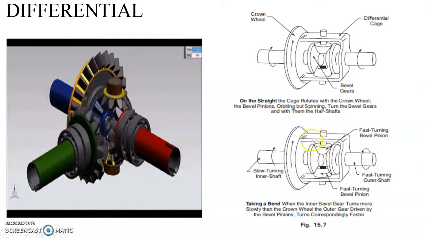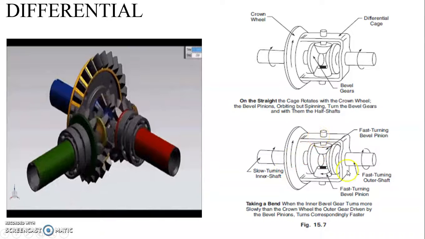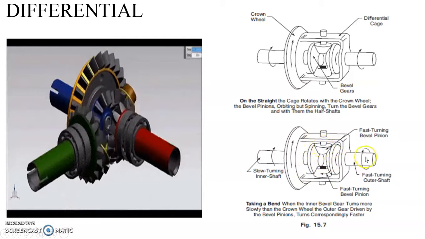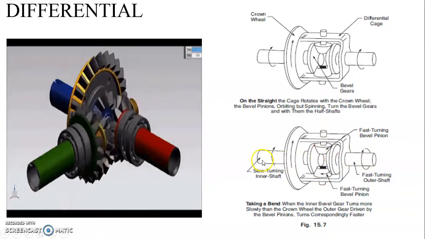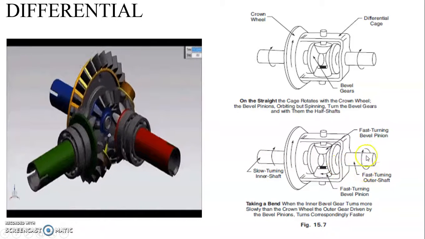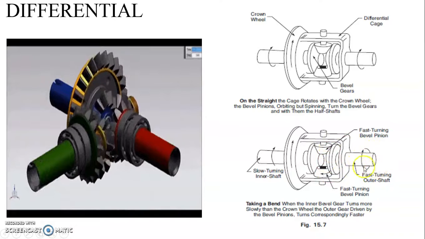This is due to what happens in that cage. The bevel pinion will transfer power to this wheel and to this axle, this inner shaft. Here this outer shaft will move faster.